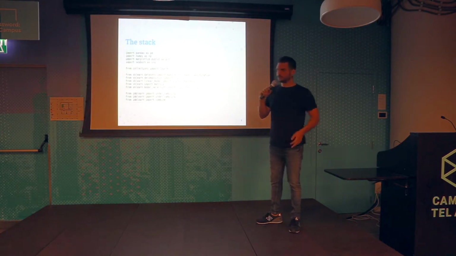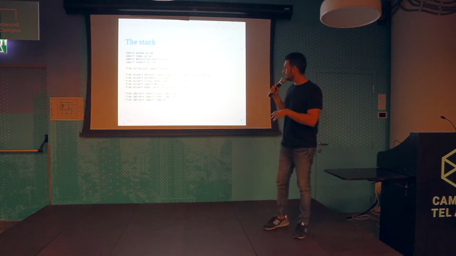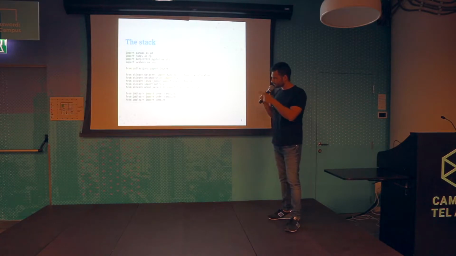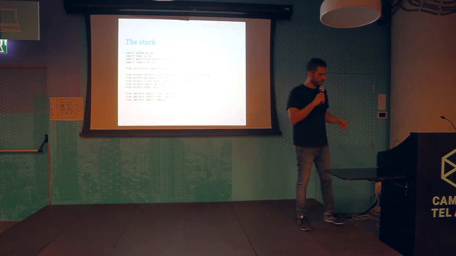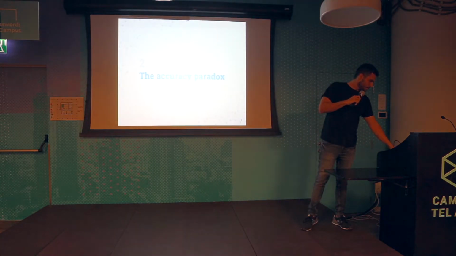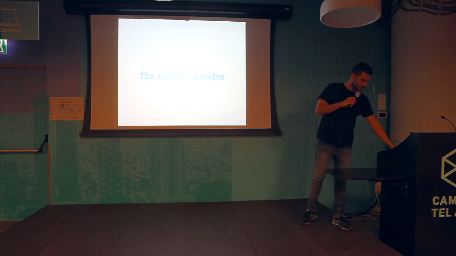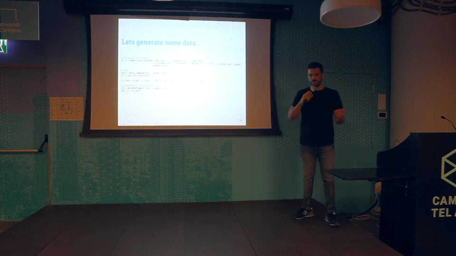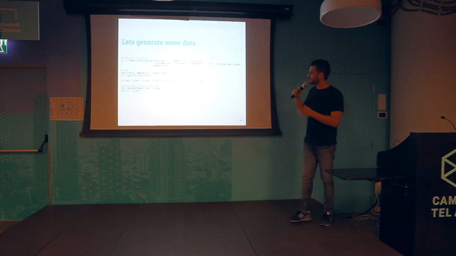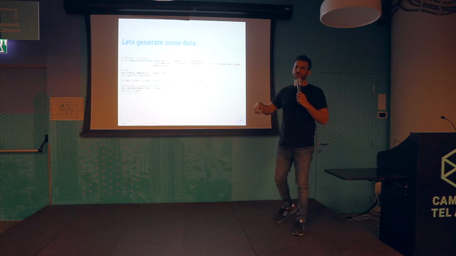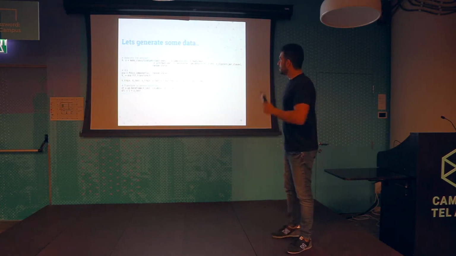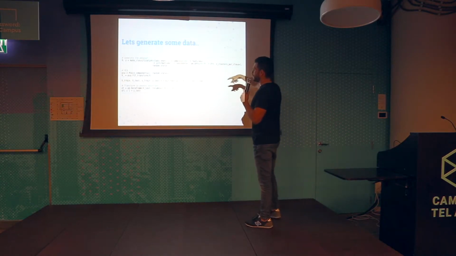We're going to use scikit-learn to generate some data, and it's going to provide us with the model. And we're going to use imblearn, which is imbalanced learn, to do the resampling part of the talk. So let's dive right in. What's the accuracy paradox? To make this more concrete, we're going to generate some data. Just line by line, we're going to go.